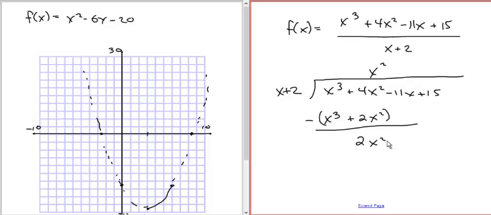And then we'll bring the next term down. Now we ask the next question, which is going to be the next smaller term. What do I need to multiply x by to get 2x squared? The answer is 2x. So we take 2x times x, that gives us 2x squared. We're doing the right thing.